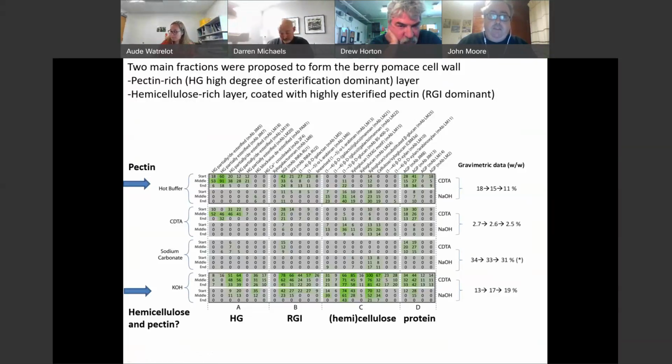And we also got a hemicellulose-rich layer that came out. But this seemed to be coated with esterified pectins such as RG1 or rhamnogalacturonan 1. So we have 2 fractions, a more easily extracted pectin fraction and a pectin fraction that was more tightly associated with the hemicellulose.